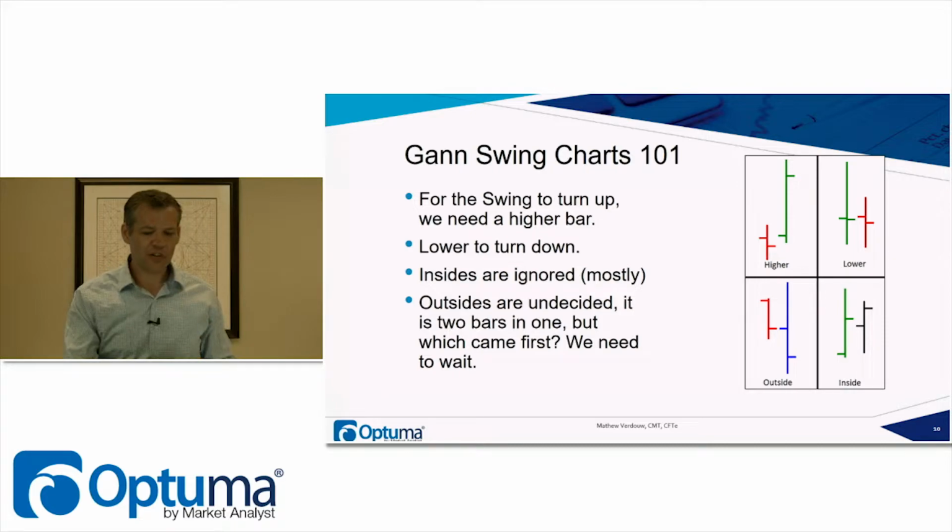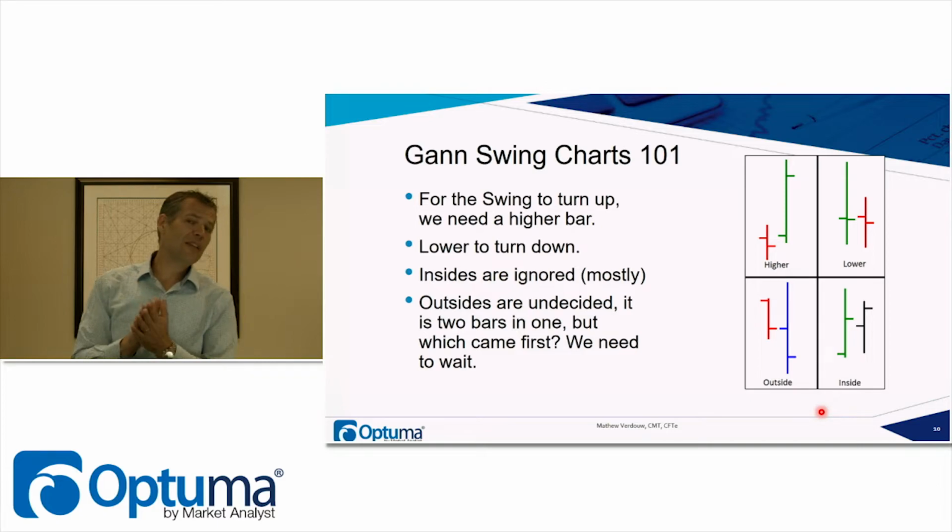So, for instance, if we had a higher bar after this outside bar, we make the assumption that we had a lower bar first and then a higher bar. So the swing would come down to here and then go up. But if we had a lower bar here, then we make the assumption that we had the higher bar first. So the swing would go up to the top, and then we had the lower bar, and it would go down.